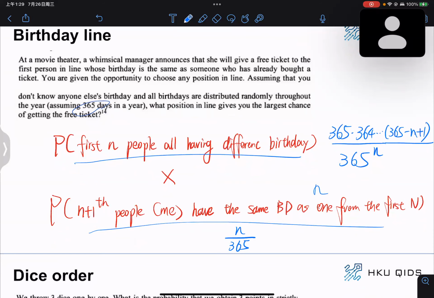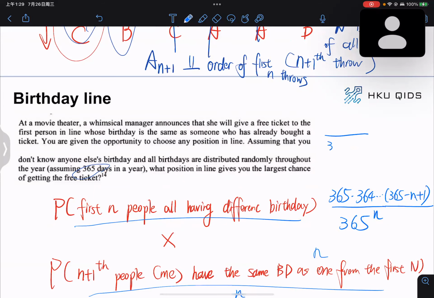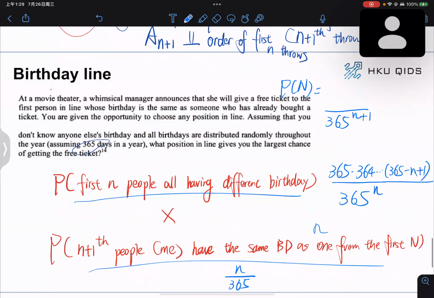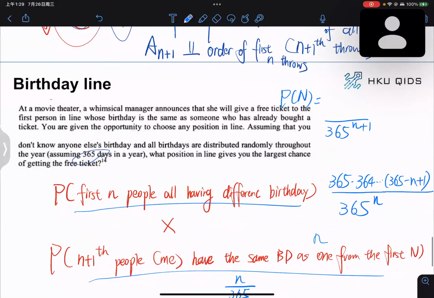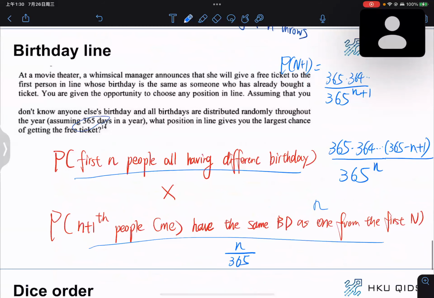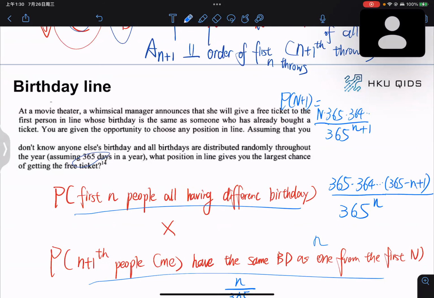So now we can rewrite it as the probability of n, if I win as n plus 1, which is n over 365 to the power of n plus 1, multiplied by 365, 364, all the way to 365 minus n plus 1.